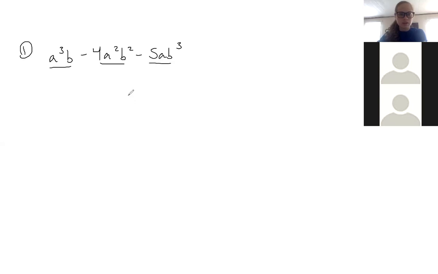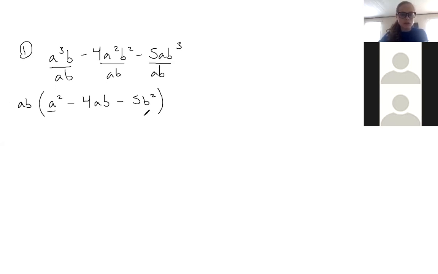What is it? A and a B. There we go. So pull out that a and a b, and I'm left with a squared minus 4ab minus 5b squared.